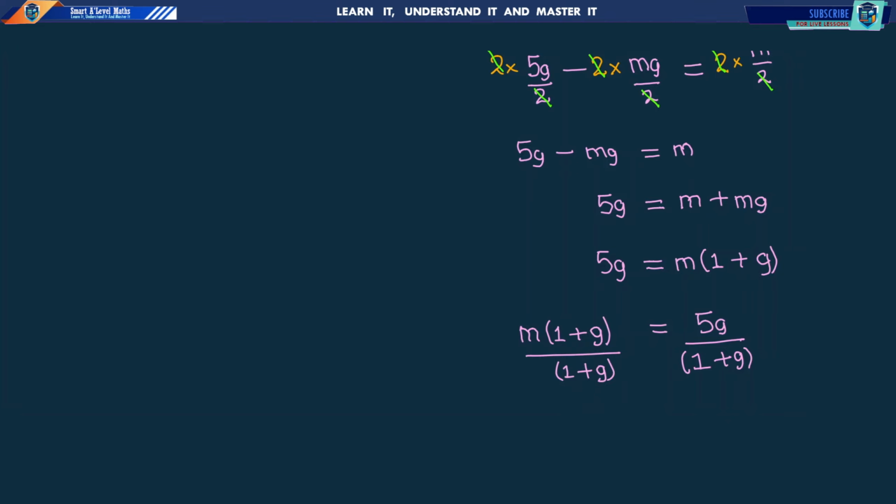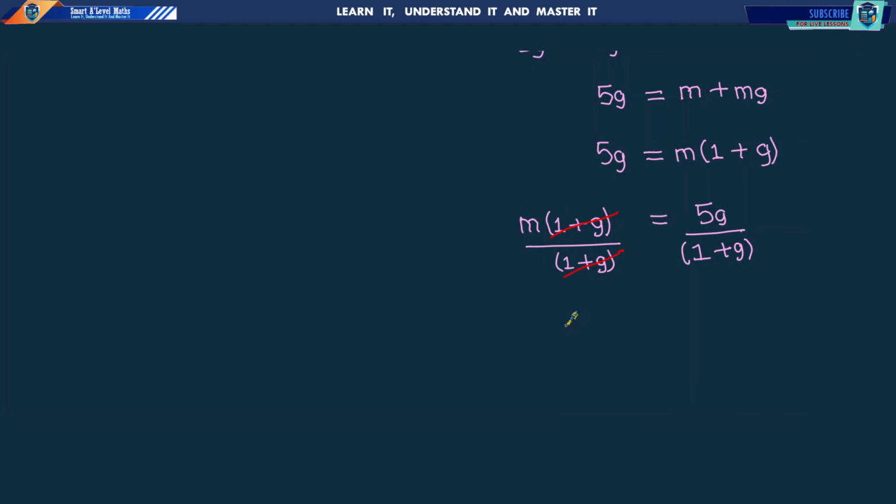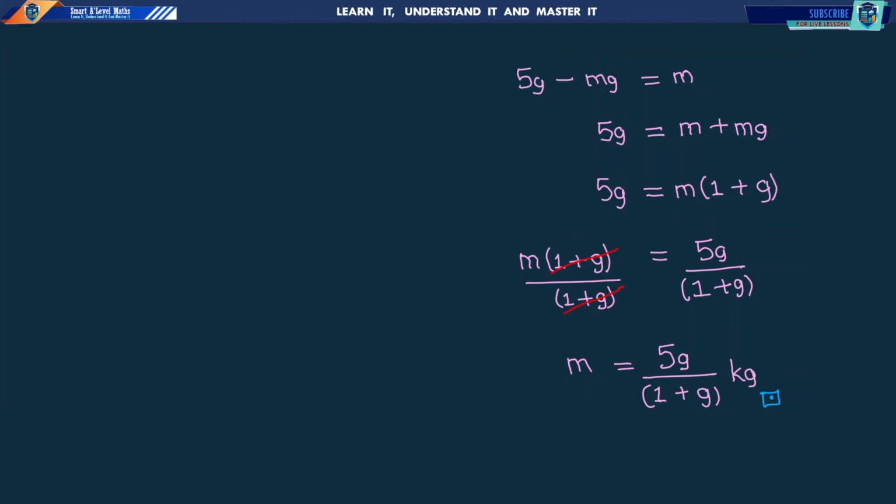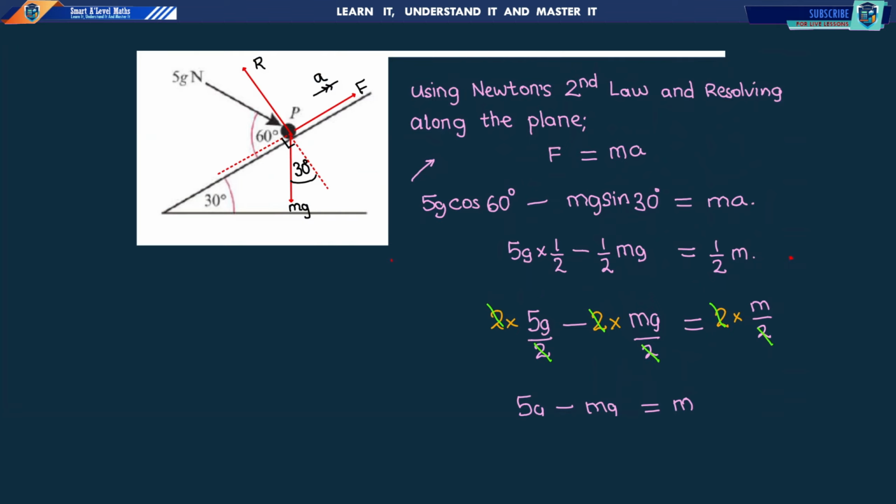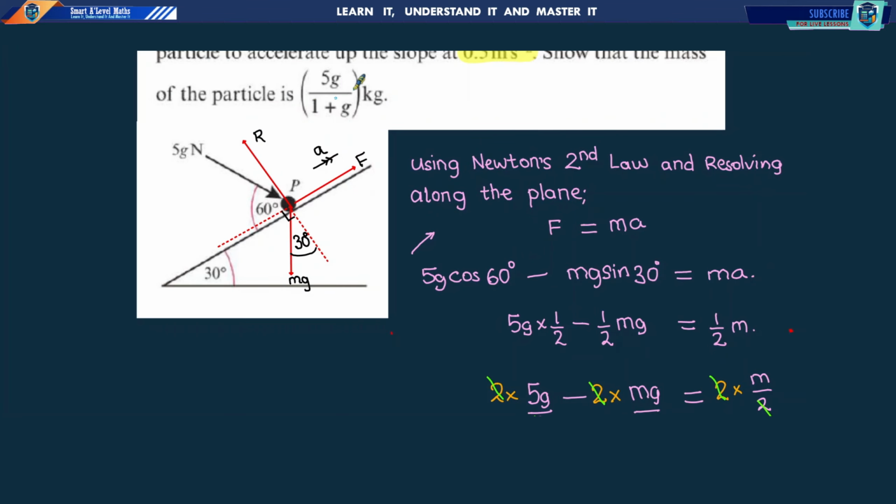So we can move on and cancel this 1 plus g from the left hand side and just rewrite our remaining terms, that is m equals 5g over 1 plus g, in kilograms since we're talking about mass. And exactly this is what the question demands us to get. As we check from the question up here, we realize the question is telling us to get the mass of this particle, that is 5g over 1 plus g in kilograms, as we have just gotten it down here.